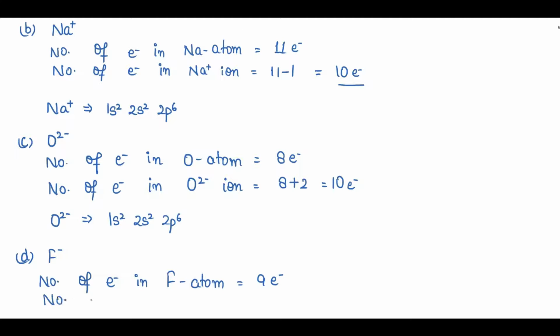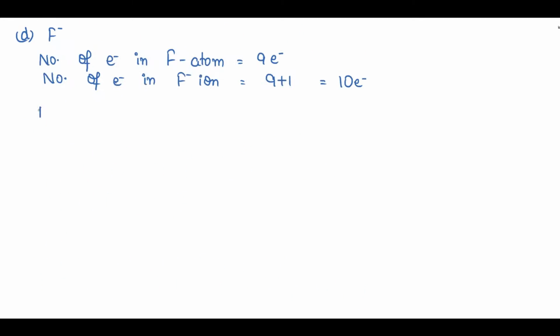So the number of electrons in F negative ion is equal to 9 plus 1. It will be 10 electrons. Again, we will have the same electronic configuration. F negative 1s2, 2s2, 2p6, right? Now we will see the second part.